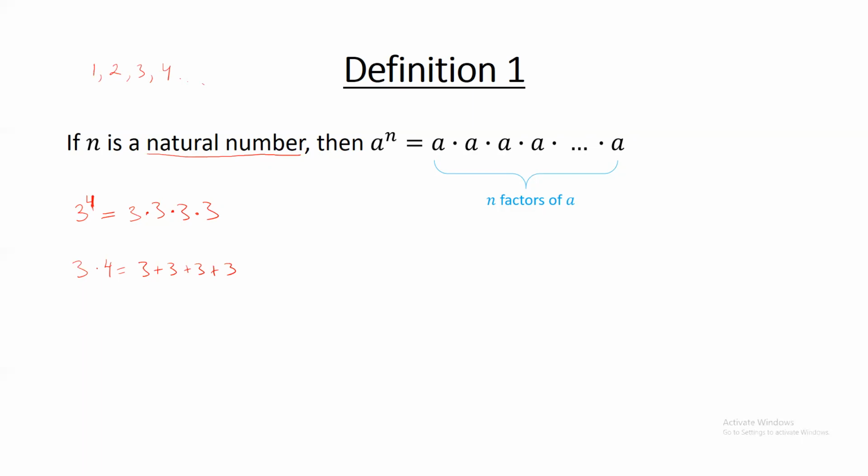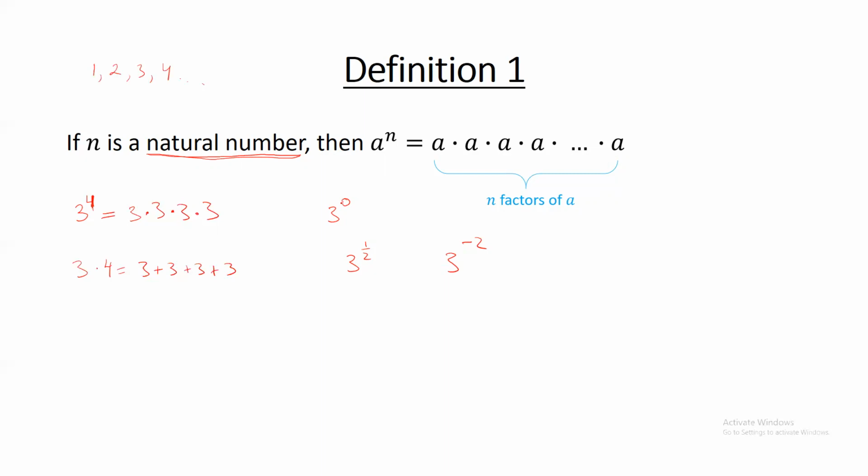Now, what is the importance of us saying that it is a natural number? Well, if the exponent is not a natural number, this definition doesn't make a whole lot of sense. For example, 3 to the power of 0. Well, what exactly does that mean, right? Or 3 to the power of 1/2, or 3 to the power of -2, right?